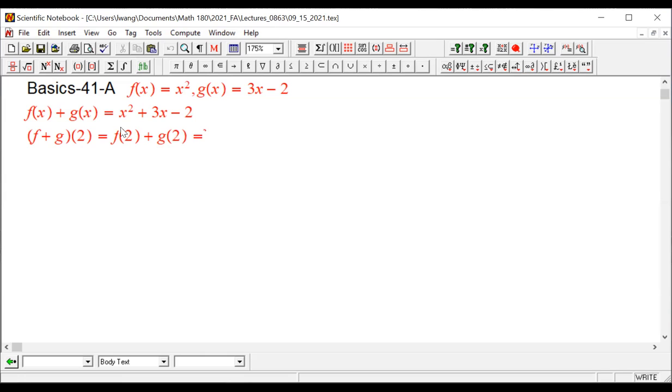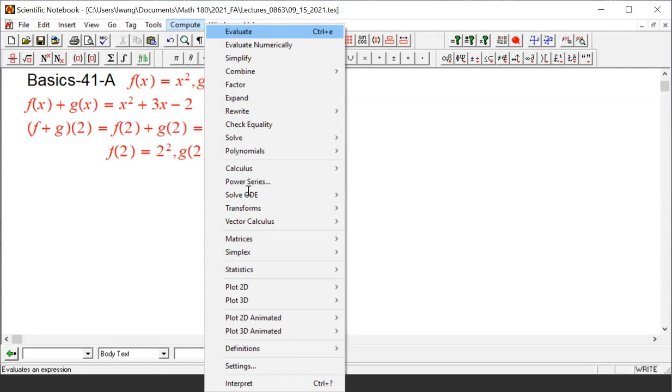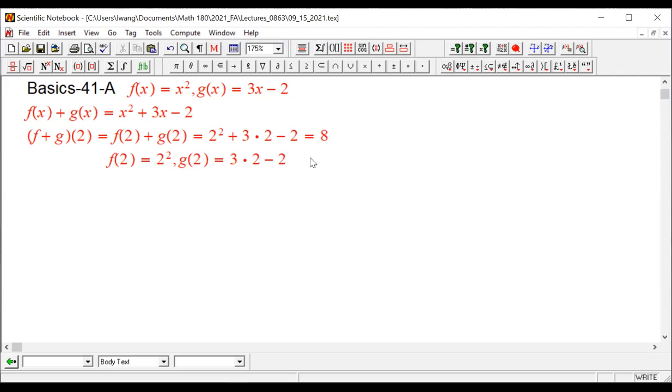For f of 2, you replace x with 2, so I'm going to put 2 squared, which gives you 4. For g of 2, it's 3 times 2 minus 2. You put 2 squared there, and you put g of 2 there, and then you calculate. Does that make sense? You're going to have a numerical answer. That's what you do.